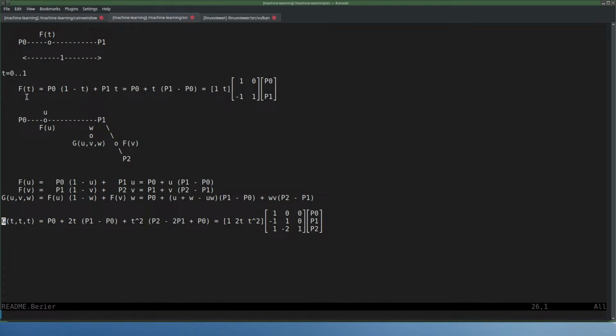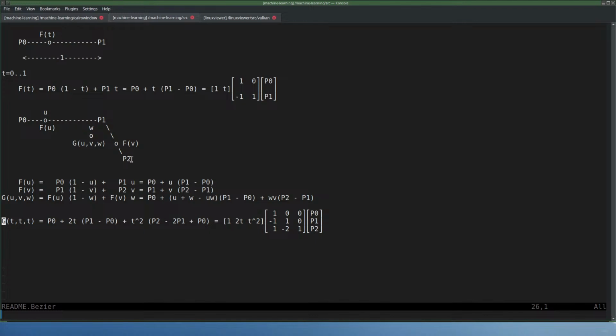And then I guess the next version, oh no, this is still a linear thing. And now we have another one which is also linear. So now we have f of u, which moves linearly between P0 and P1, and then f of v, which moves linearly between P1 and P2.